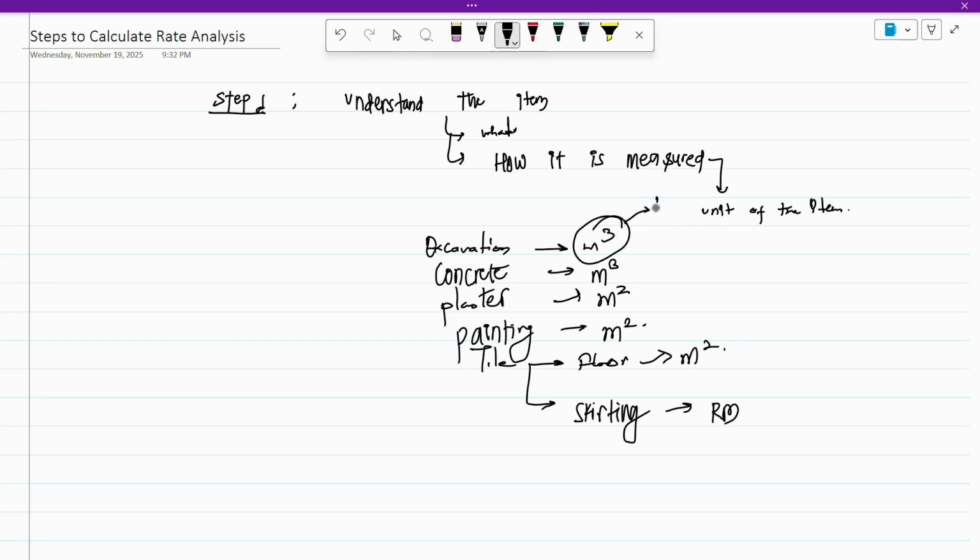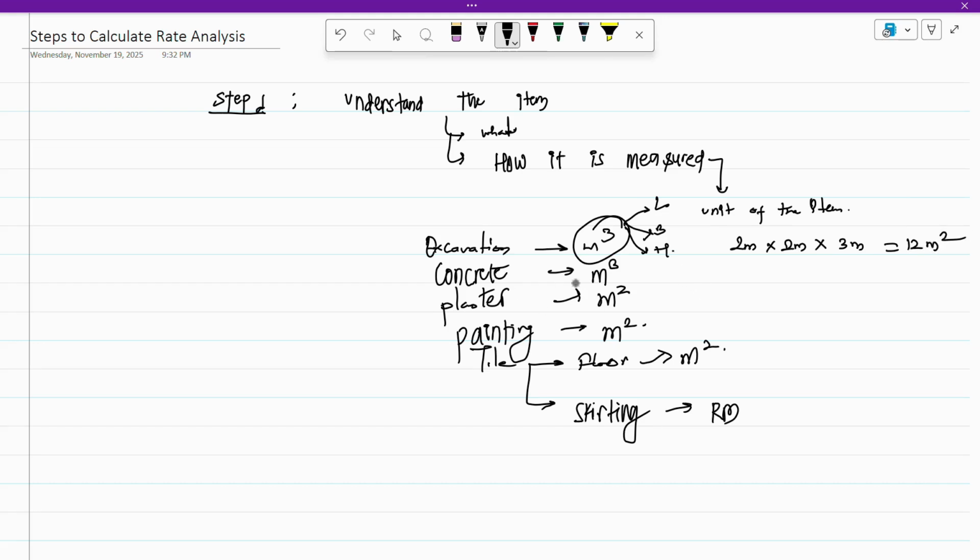You are multiplying the length with the breadth with the height. Let's say the length is 2 meter, the breadth is 2 meter, and the height is 3 meter. And the quantity now is 12 meter cube, right?